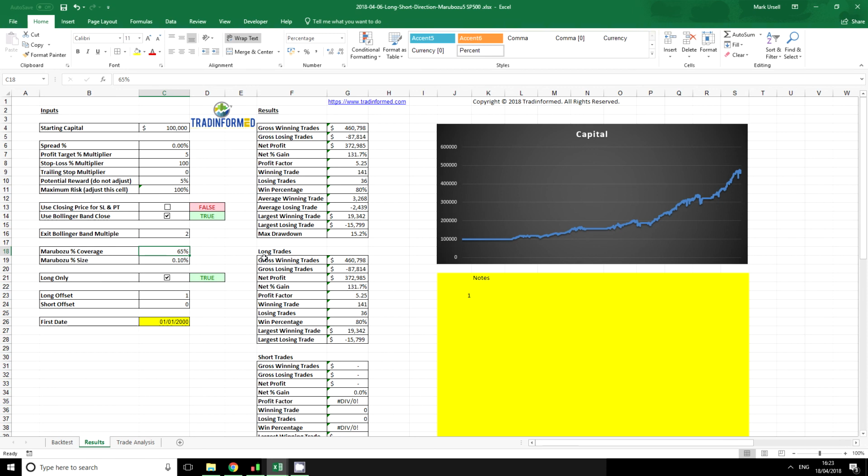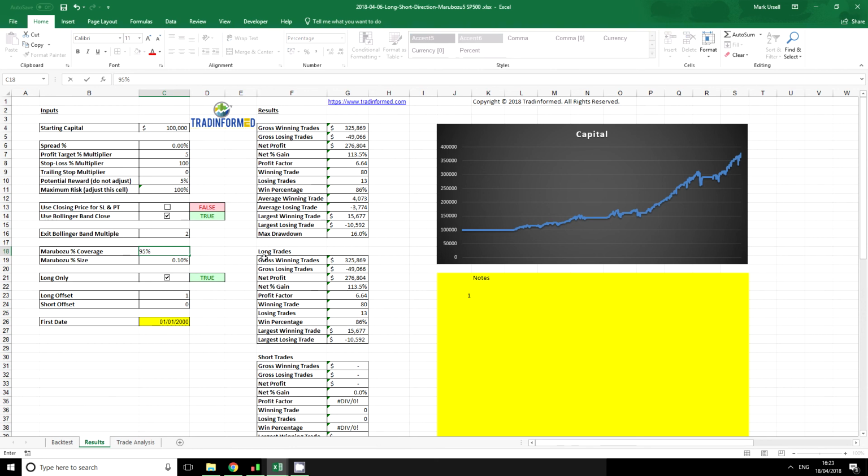Now, another thing we've got here is the percentage coverage of the candle. So 65% means that the body of the candle, the difference between the open and the close, as a percentage of the high and the low of that particular candle. So if I set this to 85%, you can see it makes a difference. It actually tends in this case to increase our win percentage because we're getting more strict candles.